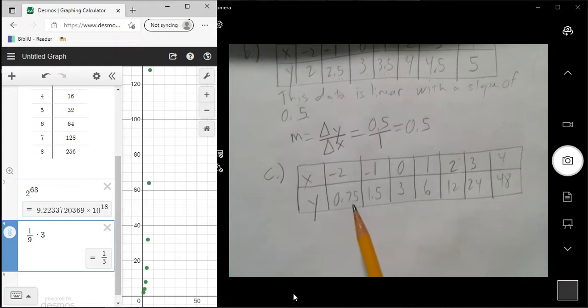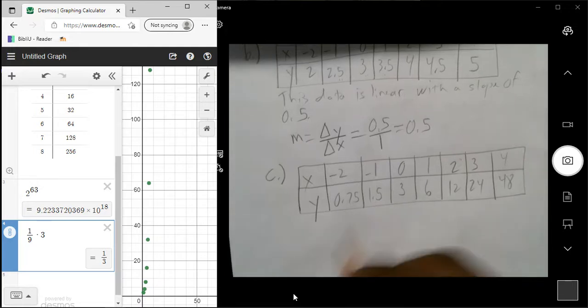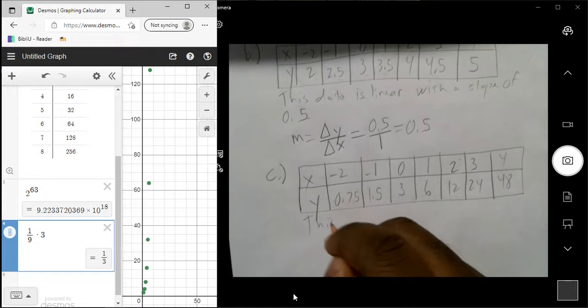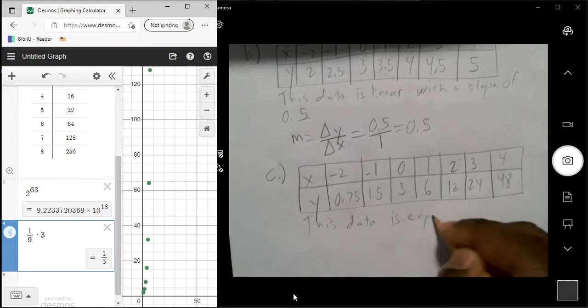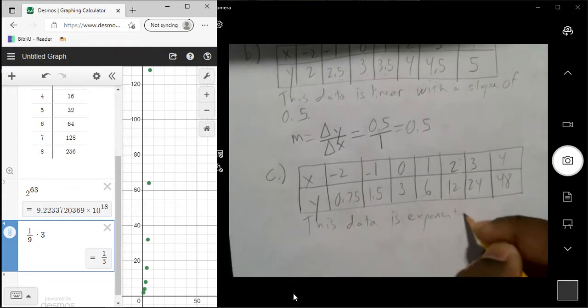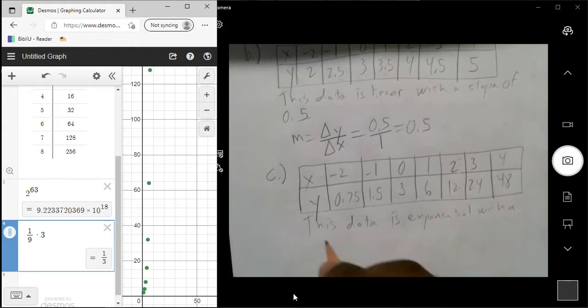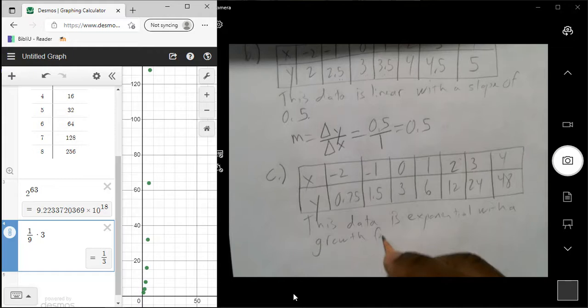I take 0.75 times 2, which is 1.5. 1.5 times 2 gives us positive 3. So it works. So basically, this data is exponential with a growth factor of 2.